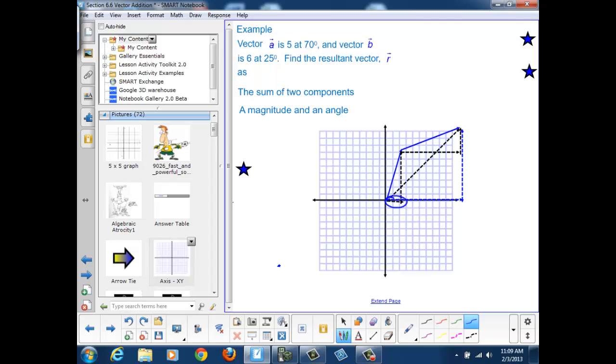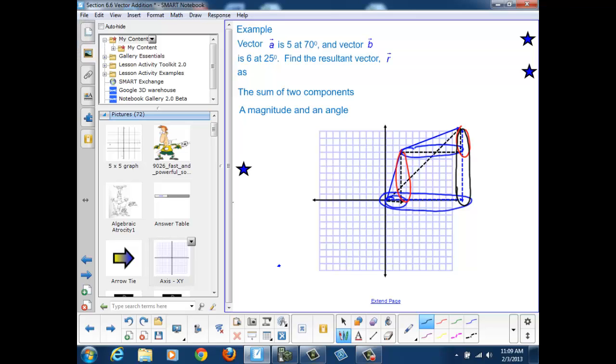So this vertical component plus this vertical component gives me the larger vertical component of my sum. And the same thing with my horizontal components. If I take this horizontal component and add this horizontal component, I end up with the horizontal component of my final resultant.